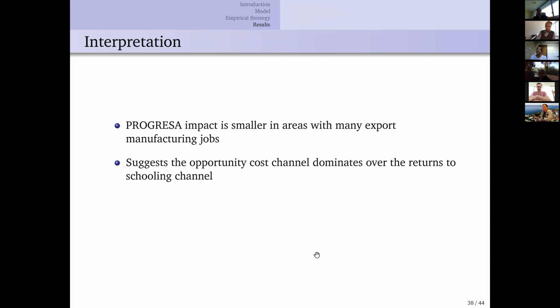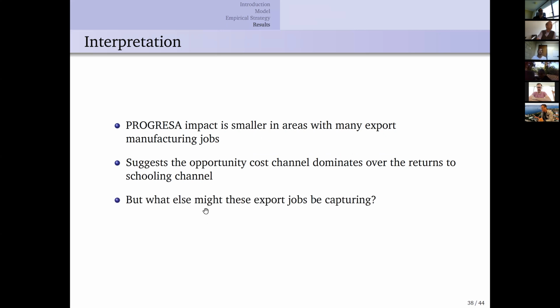Going back to the figures that I showed right after the model, where I stated that the effect is going to be ambiguous, this suggests to us that it's the opportunity cost channel that must be dominating over the returns to schooling channel, because the opportunity cost was where we saw evidence that exporting jobs might have more convexities, which would suggest exporting jobs would have a smaller treatment effect.